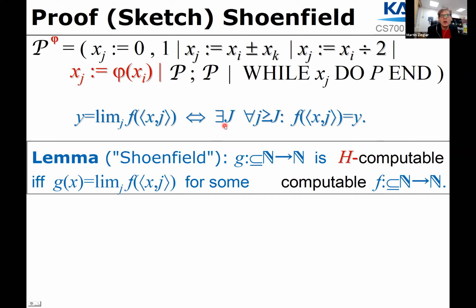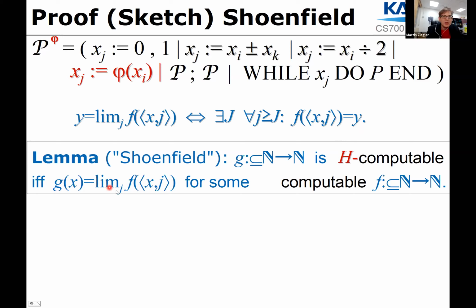And now our new while program can simply test all possible values of capital J until it has found one. It will keep searching, and will succeed in finding one if and only if this limit exists and is equal to y. And in this way, we can convert a program that computes this limit.